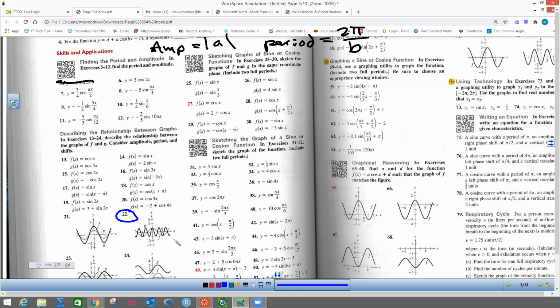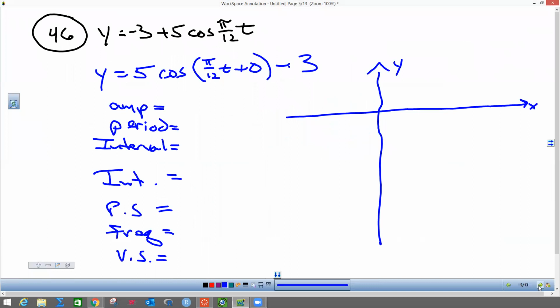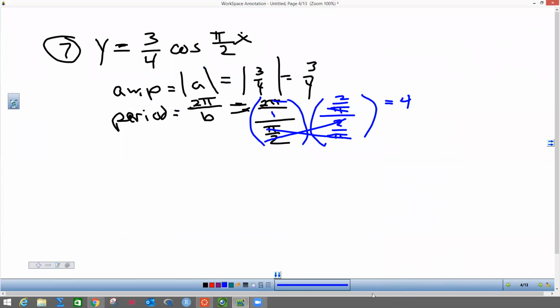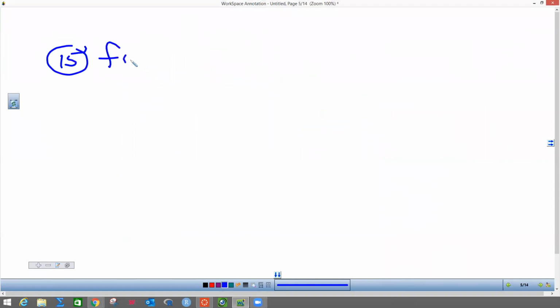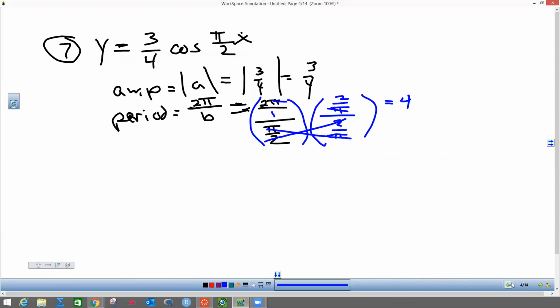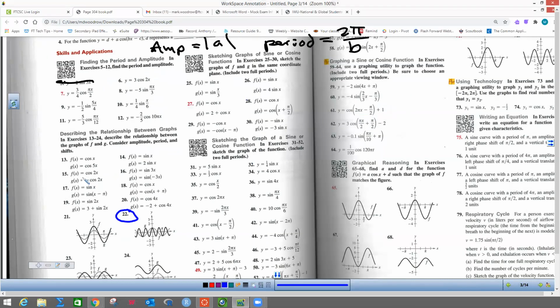15, is that what I heard? Okay, 15. Number 15 says f of x equals cosine of 2x. I'm going to add that up here. Okay, let's go over here and fix that.